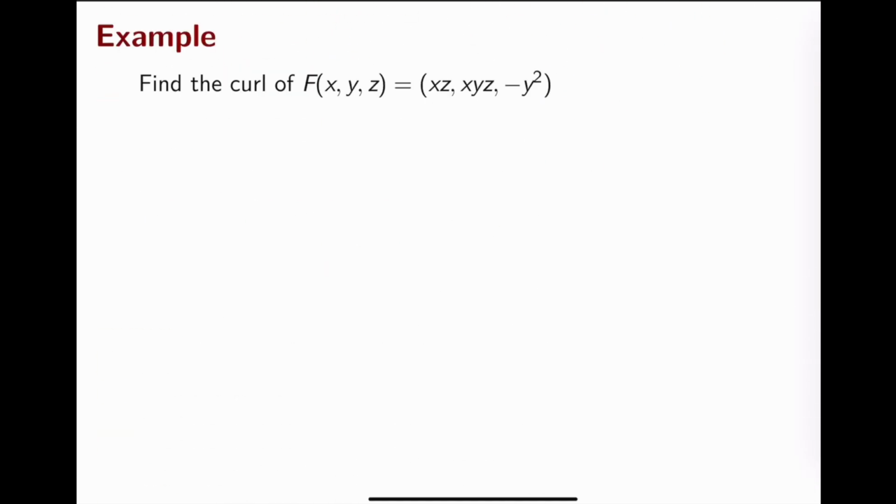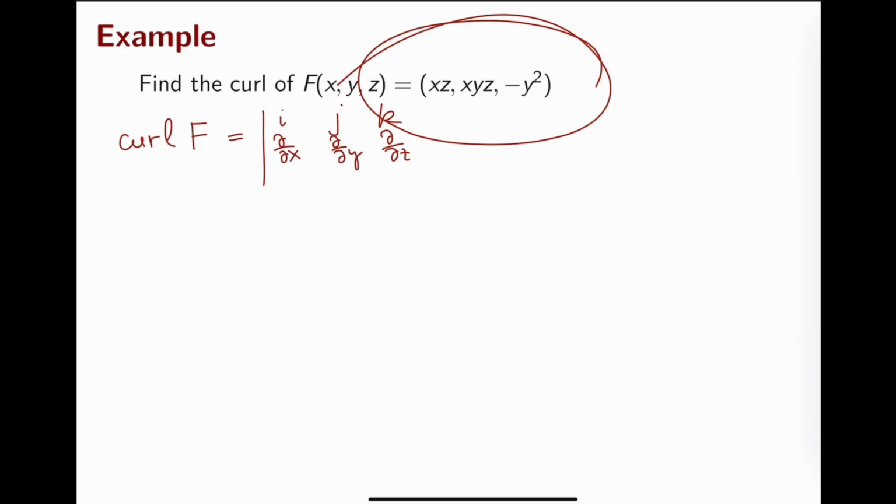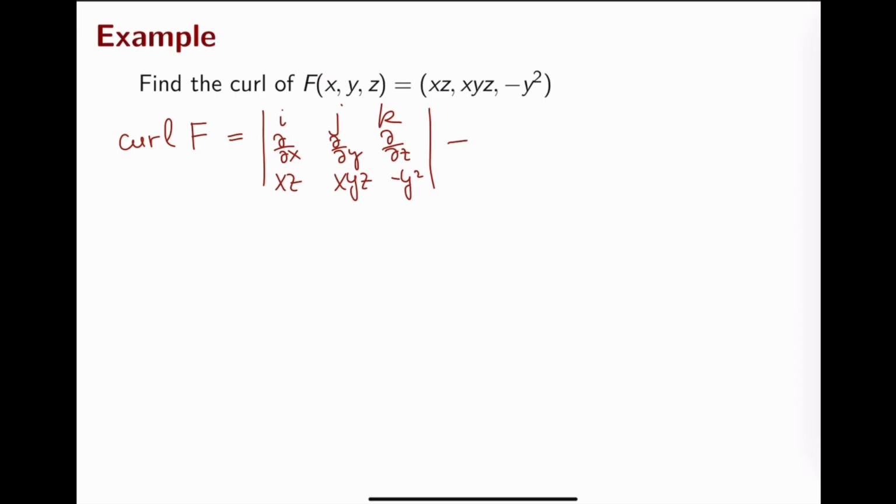Let's calculate the curl of this vector field. The curl of f, as we said before, is the cross product, where we put here the derivatives, and we put here the components of the vector field, that in this case are xz, xyz, and minus y squared.